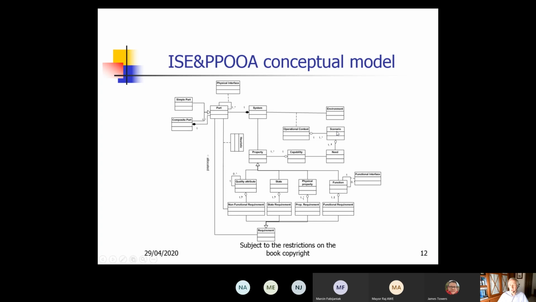These scenarios also are described by operational needs. The operational needs are needs from the point of view of the actors that participate in the scenario. These operational needs are associated with identified system capabilities.